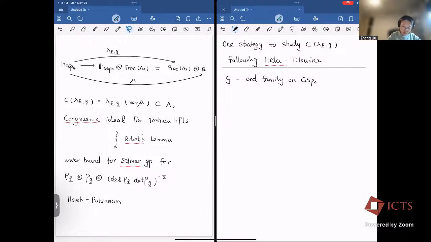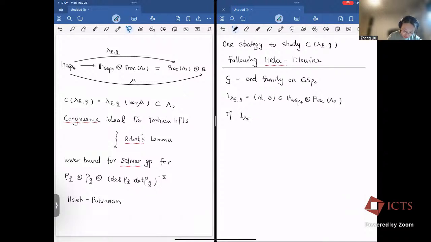And then we consider the projection to the Hida eigenspace corresponding to the lambda F G. And then we'll apply it to this integral family curly G. And then if we can write it as something divided by an element in lambda 2.